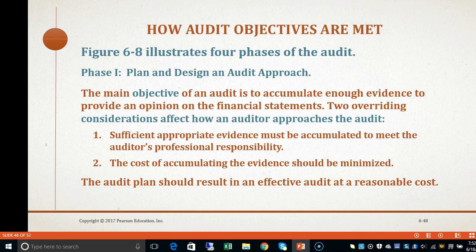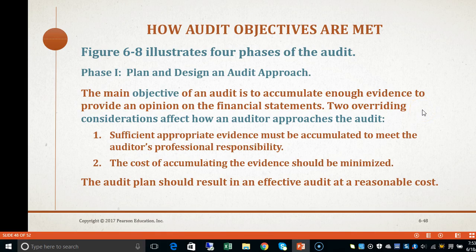What that means is the auditor must have evidence such as trial balances, bank reconciliations, bank statements, cash receipts, cash checks, things of that nature, in order to substantiate balances and transactions that go through the general ledger and trial balance.